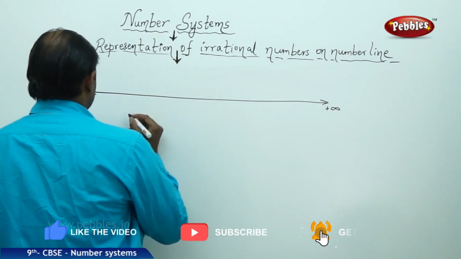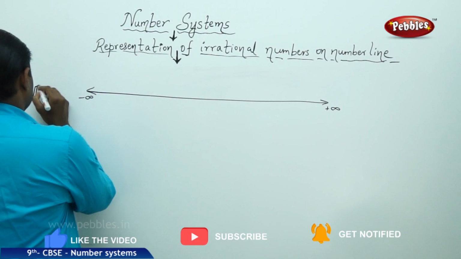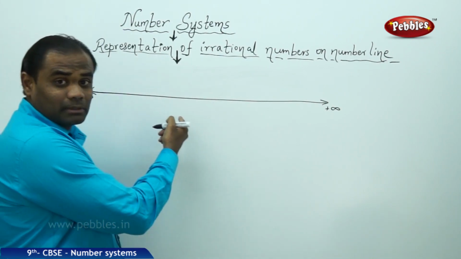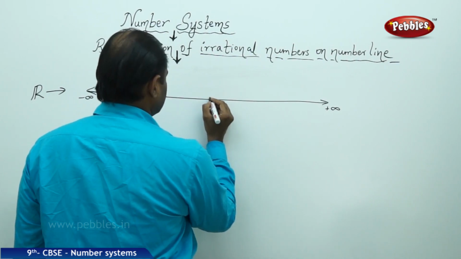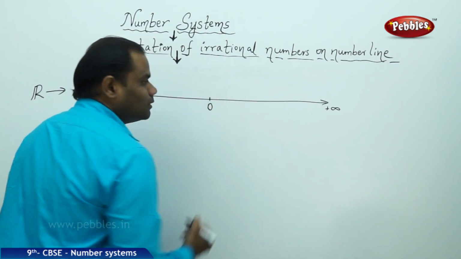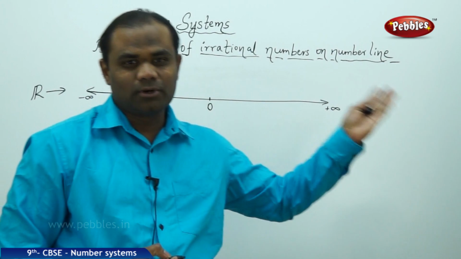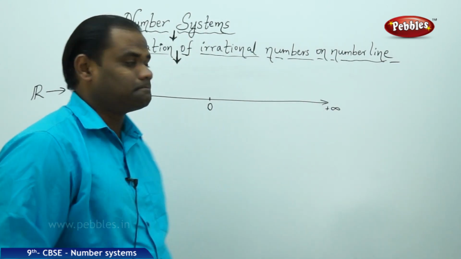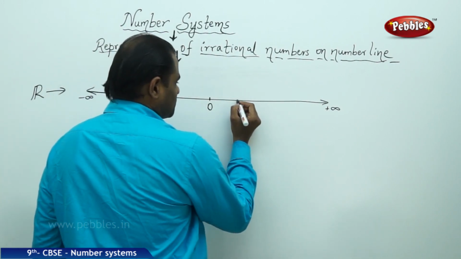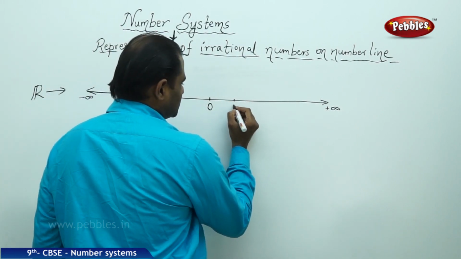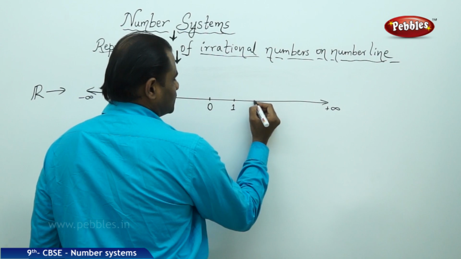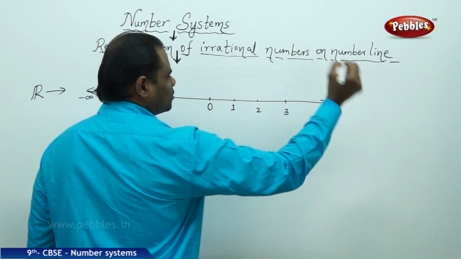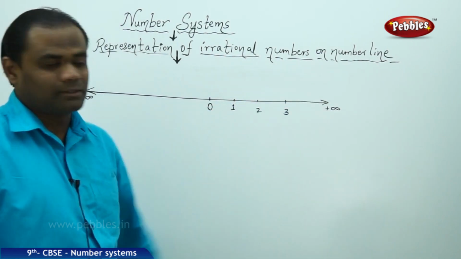So here I have the real number line, which is represented through the line and called the number line, and here I have exactly in between the neutral 0, from where on the right side you have all positive values, on the left side it's all negative values. So let me proceed with the right side of the values, which is 0, 1, and next comes 2 and 3, and so on and so forth till infinity on the right.